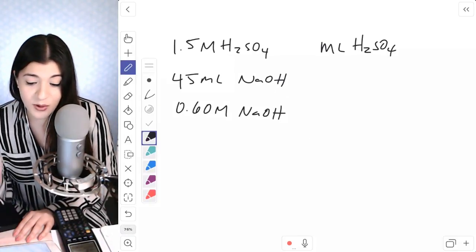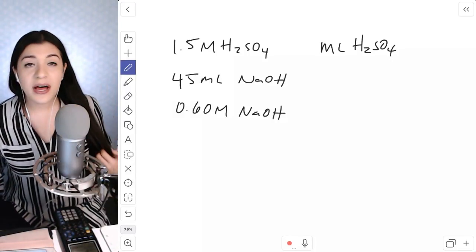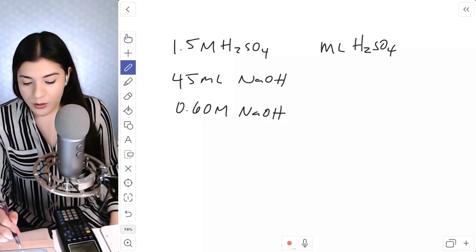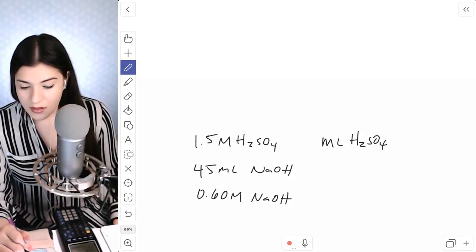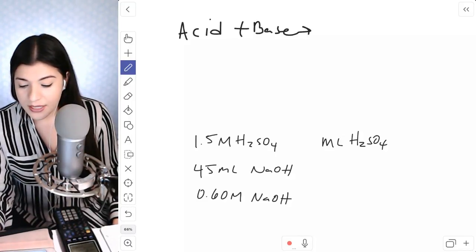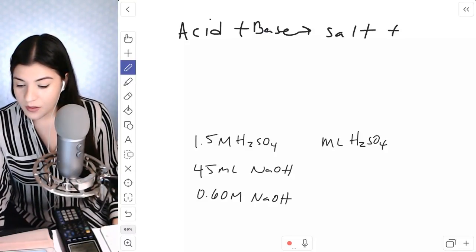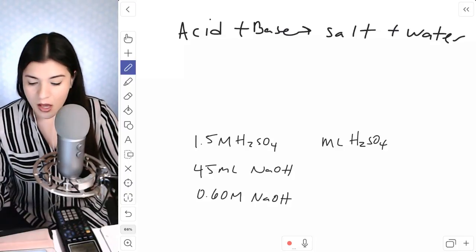Okay, and then what I'm going to do first is, because this is a neutralization reaction, I need a balanced equation. So our balanced equation here, let's go ahead and put that up here. But this is an acid plus a base, and this is always going to give us a salt and water. And that's an acid-base neutralization reaction, also known as titrations.